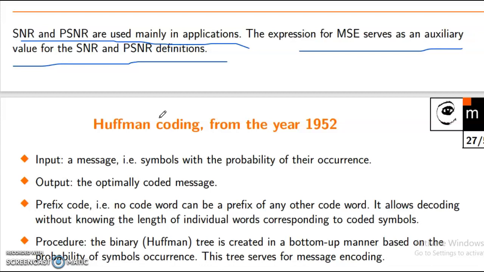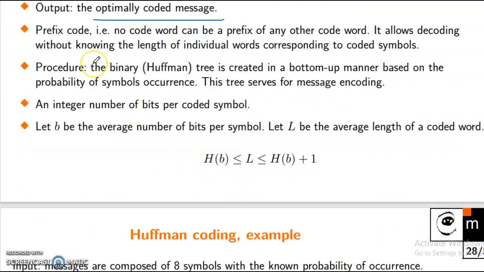Huffman coding, from the year 1952. Input is a message, that is symbols with the probability of their occurrence. Output is an optimally coded message. It is a prefix code, that is, no code word can be a prefix of any other code word.